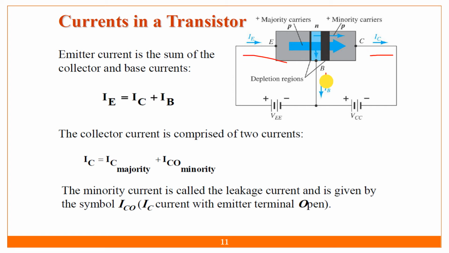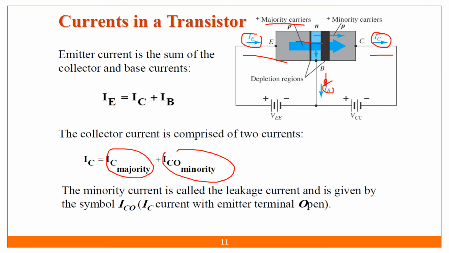But this current IB is very small, because it is in the microampere range, and IE and IC are in the milliampere range. So as compared to IB, my IC is very high, so we are neglecting this term. The collector current is comprised of two currents: IC majority, because the majority charge carrier is flowing like this, plus ICO, the minority charge carriers.